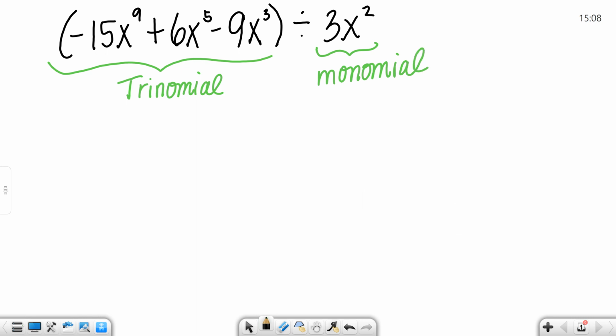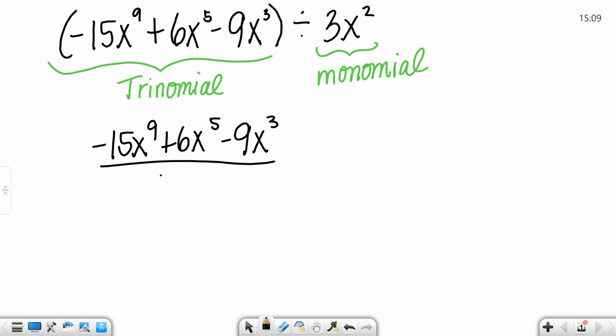All right. When you divide by a monomial, first of all, I'm going to write this differently. I like to see my division bar like this. Okay, so the first thing I've done is just wrote, instead of that division symbol, I use the fraction bar.